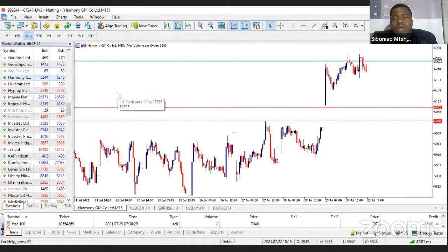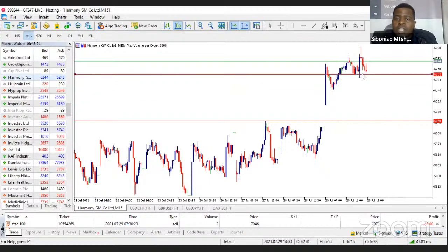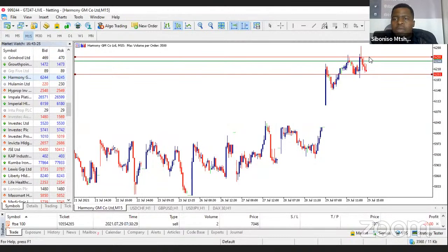So the gold and the mining companies always correlate with relevant resources or commodities. That's one of the few things you also need to note.